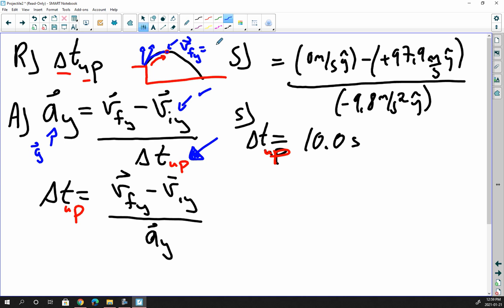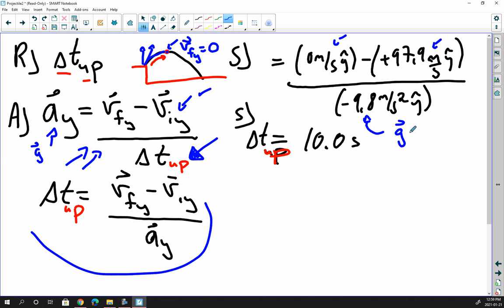And I know from our lessons that that's 0. For that instant at the very top, it's 0. So I take this equation right here and I rearrange it. Plug in the values, final velocity y component 0, initial velocity y component positive 97.9 meters per second. Acceleration in the y direction, what's up, g? I do the calculation, it took 10 seconds to get up.